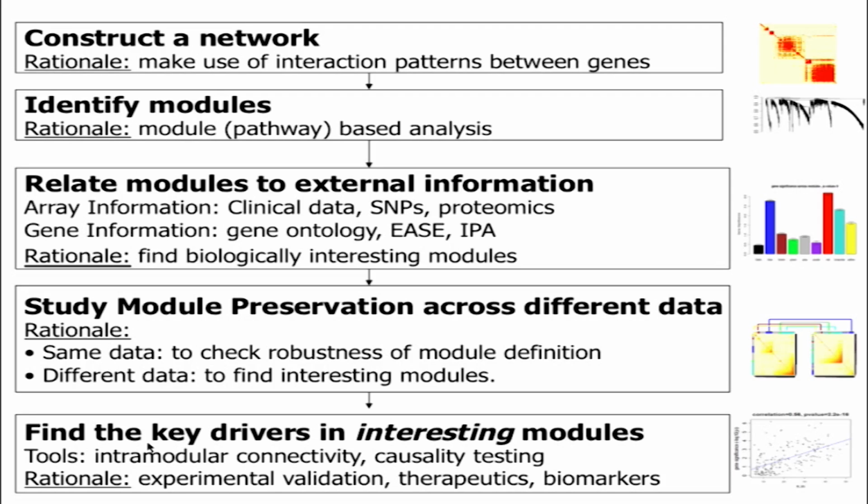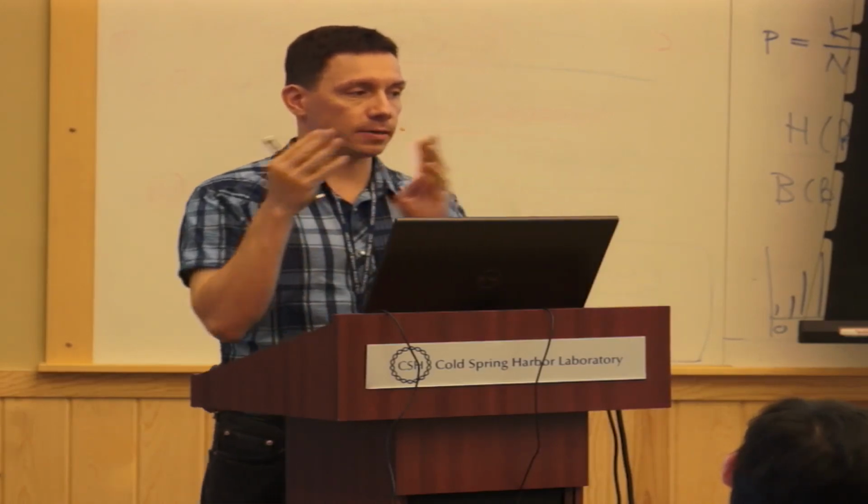Then we come to the next step where we want to study module preservation across data sets. For example, to check the robustness of your module, you want to see whether it can also be found in an independent data set.